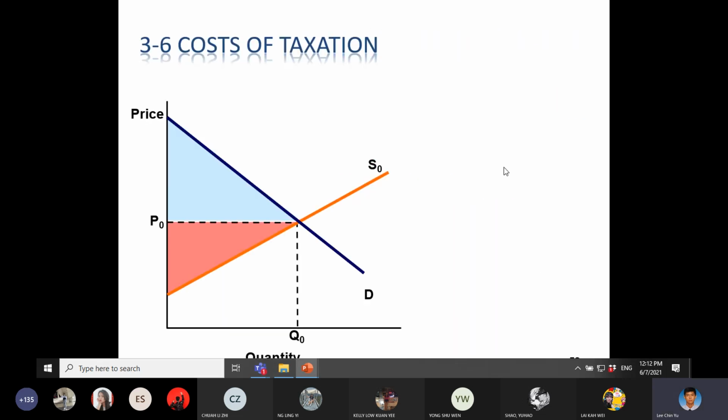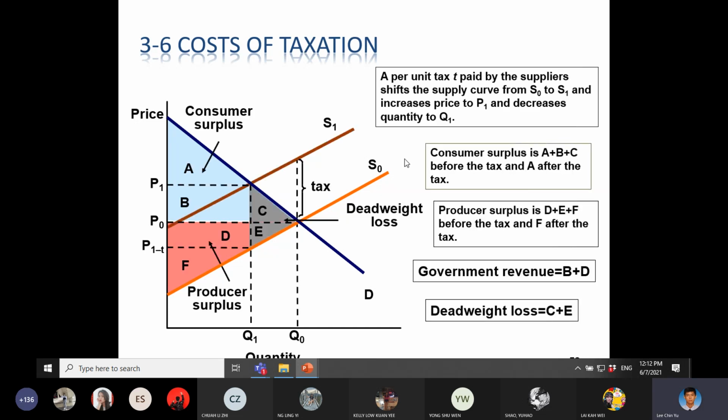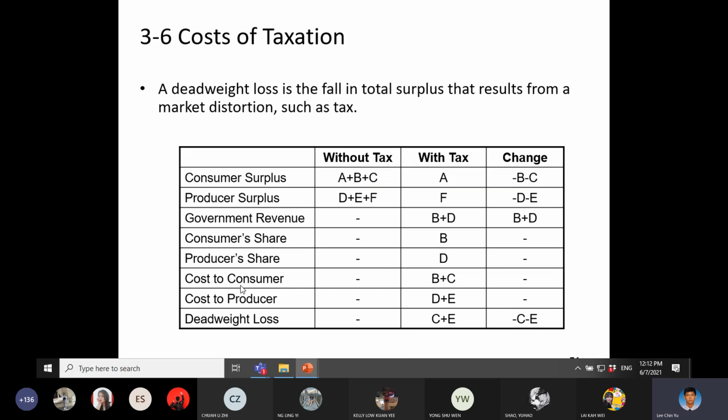And then we also observe that if we impose a tax, we have a cost to the consumer and producer. The consumer loses B and C with the tax, and the cost to the producer is D and E. Why?